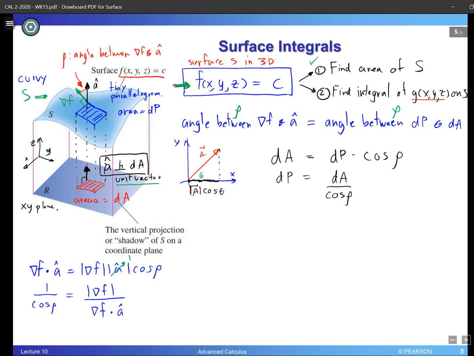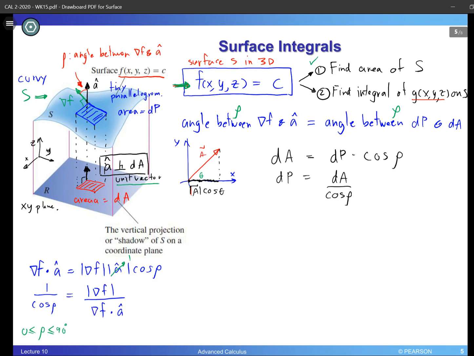And now we are going to assume the angle rho to be less than 90 degrees and also greater than 0. In this case, cosine rho is going to be positive.